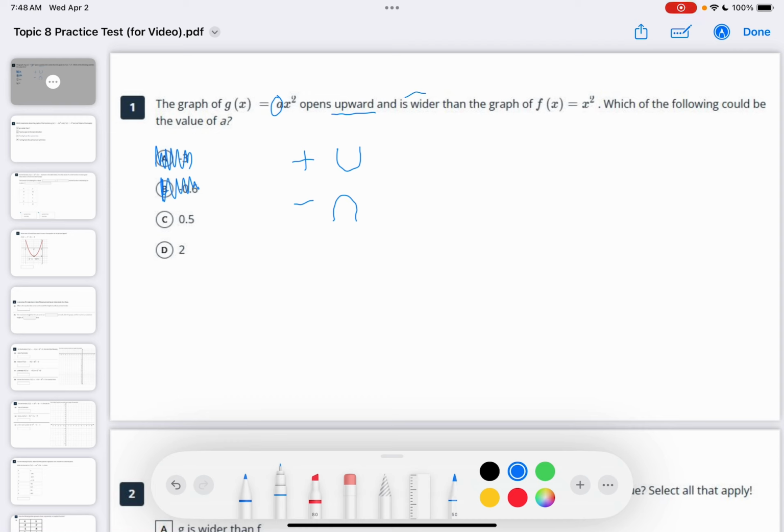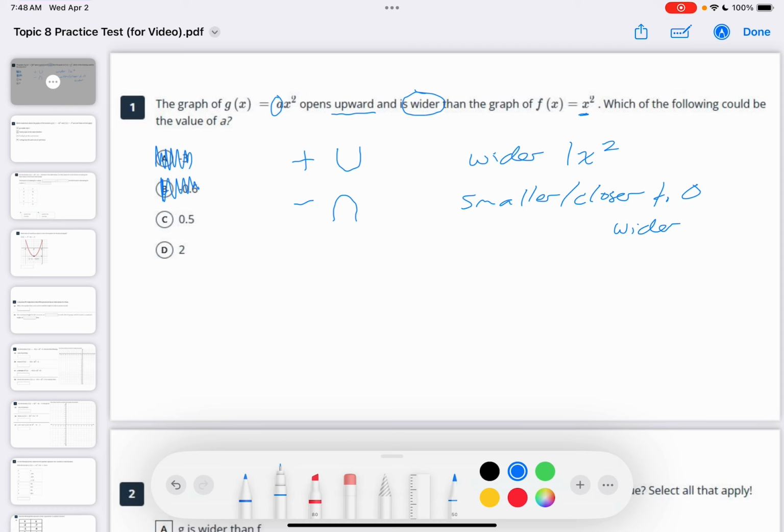Then, because I want it to be wider than 1x squared, I know that smaller, closer to 0 numbers are wider.